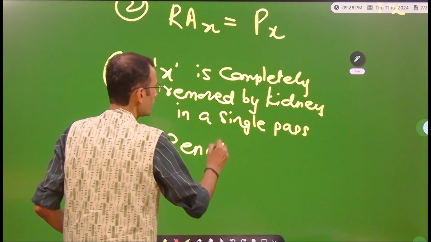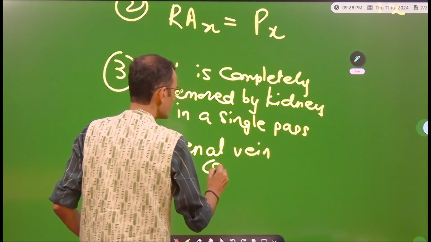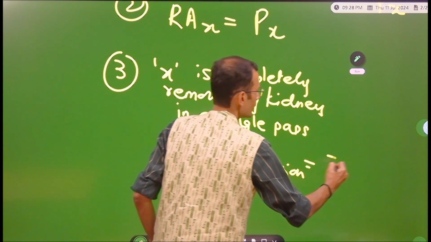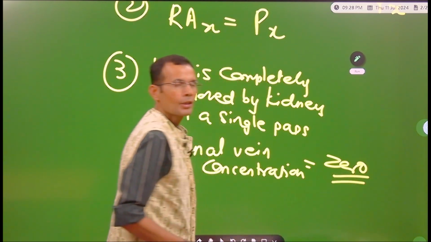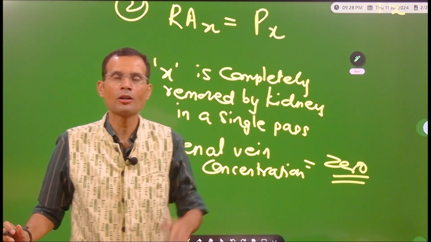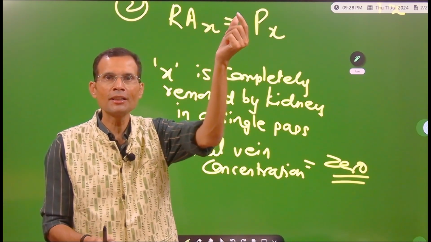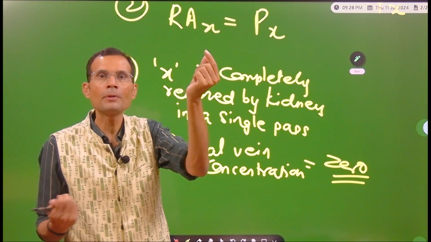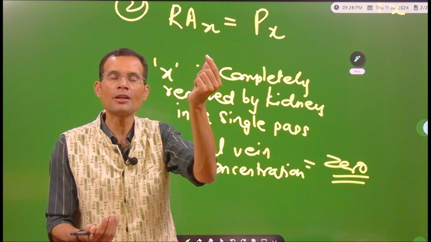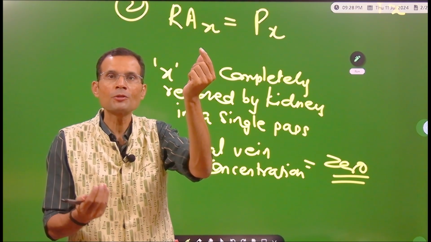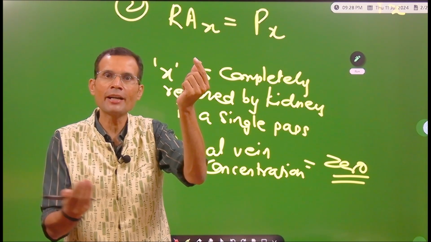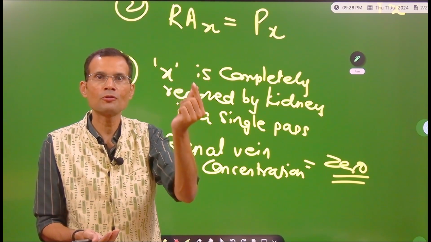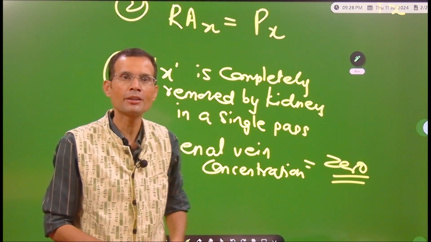Let's write: its renal venous concentration of X is 0. It does not go to the renal vein at all. Once it comes into the renal artery, in the renal blood flow, then it is completely excreted into the urine, 100%, all of it. Which means its urinary excretion rate itself can give us the renal blood flow, amount of blood flowing through the kidney per unit time.